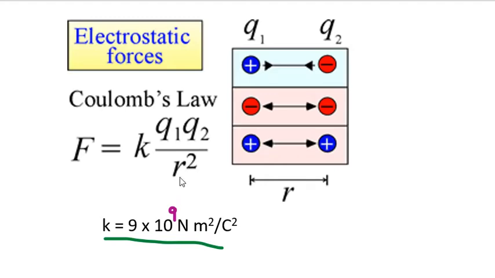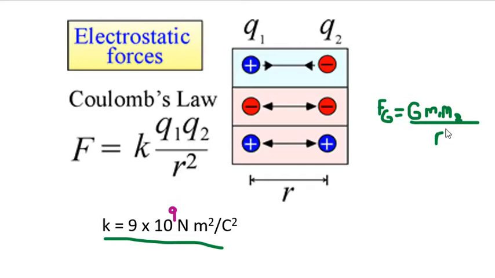Now, just to say it, this is not too different than the equation for the force of gravity. If you remember, the force of gravity was equal to some constant, which we call G, the mass of the first times the mass of the second, all divided by the distance squared.